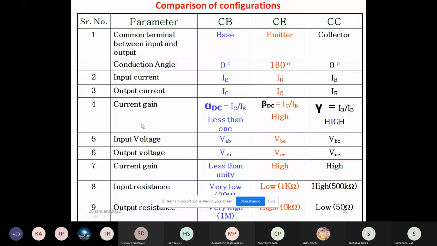Then current gain in CB is very low, less than 1, because alpha DC is 0.9. In the CE amplifier, beta DC current amplification gain is very high because the input is the base and the output is the collector terminal. Here the transistor is on as well as off. That's why we can use the transistor as a switch.